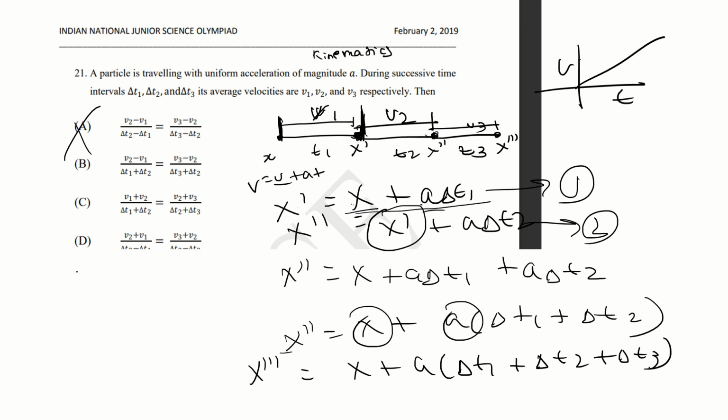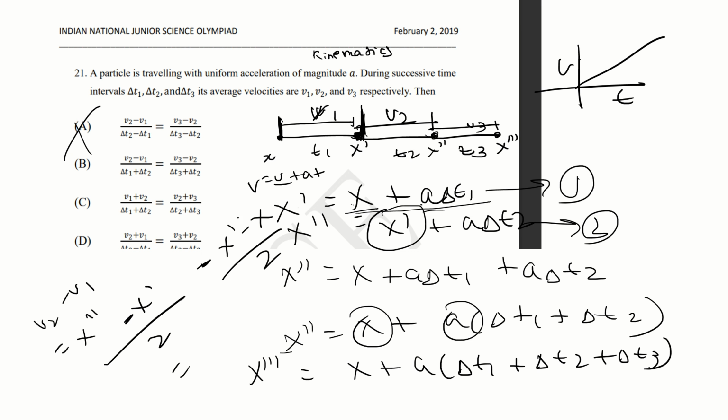V2 minus V1. Now, V2 minus V1 can be written as, from here, (x double dash plus x dash) upon 2 minus V1, which is obviously (x dash plus x) upon 2. So we will get, sorry, this is plus, yeah, this will be minus.